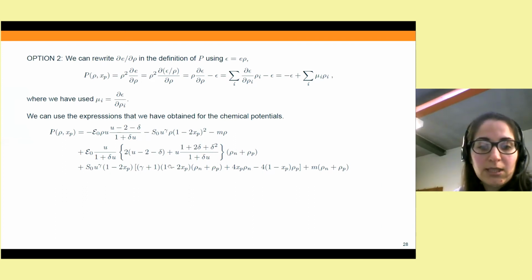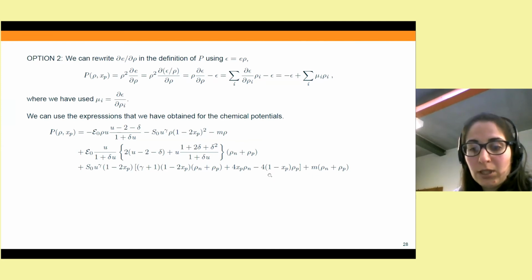So this term was common for both. So we also get the sum times the sum of the neutron density and proton density, but there was an additional term for the neutron chemical potential and proton chemical potential that were different. So we have these two terms here and this other term with the mass. Okay.